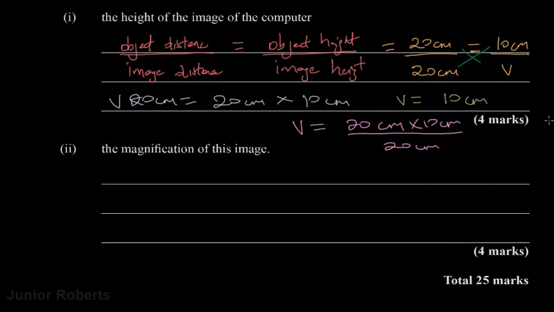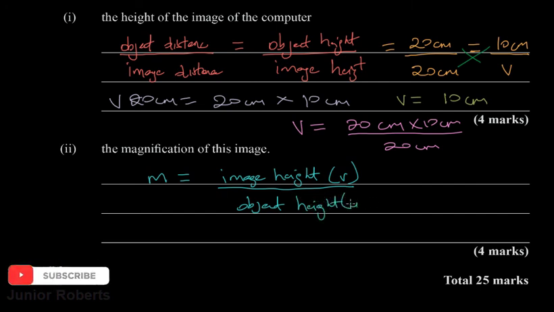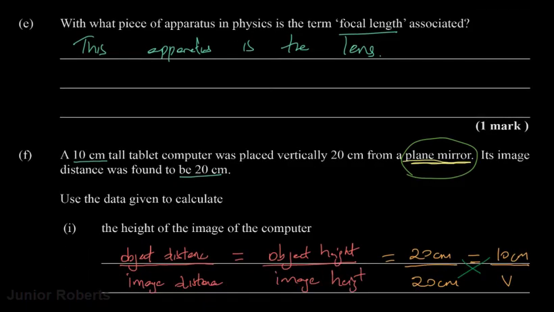So now let's continue. It says here now we're to calculate the magnification of this image. So to calculate the magnification, we will say magnification M is equal to image height, which is V, divided by object height, in this case U. So we were told that the image height, we just calculated, was 10 centimeters, and we were told from before that the object height is also 10 centimeters.